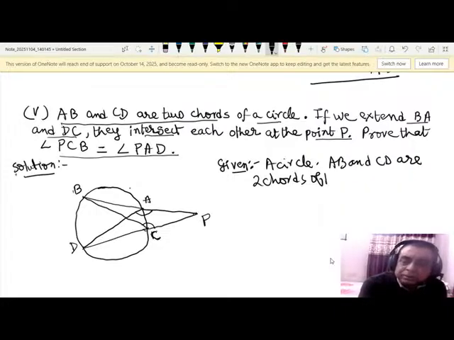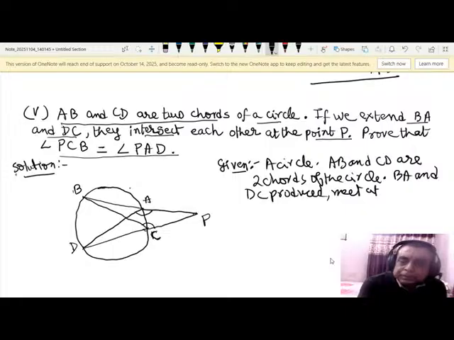And BA and DC produced meet at P. Then you have to write RTP, required to prove. What is asked to prove in the question? We are asked to prove angle PCB is equal to angle PAD.